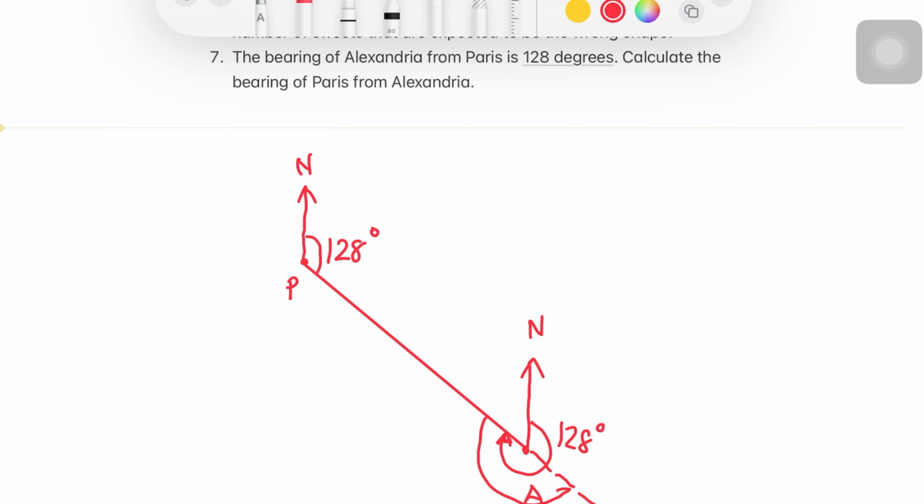And we know that the angle in a straight line is 180 degrees. So we just add 180 degrees plus 128 degrees, and we get 308 degrees. And that is the bearing of Paris from Alexandria.